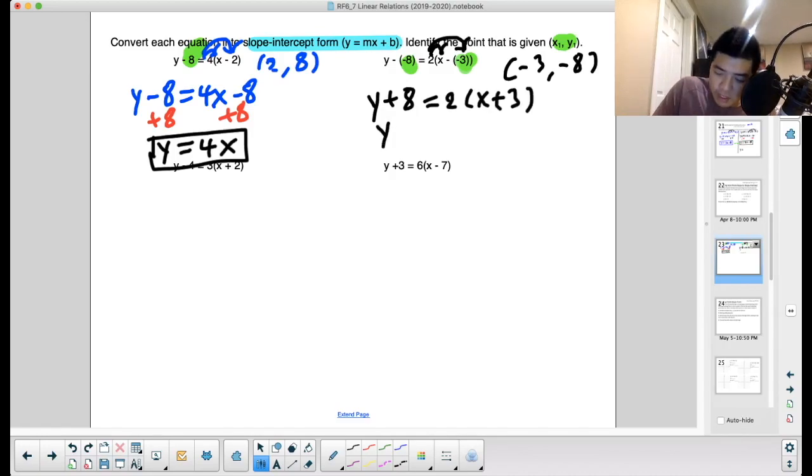So you have y plus 8 is equal to 2x plus 6, because we distribute the 2 times x and the 2 times a positive 3.